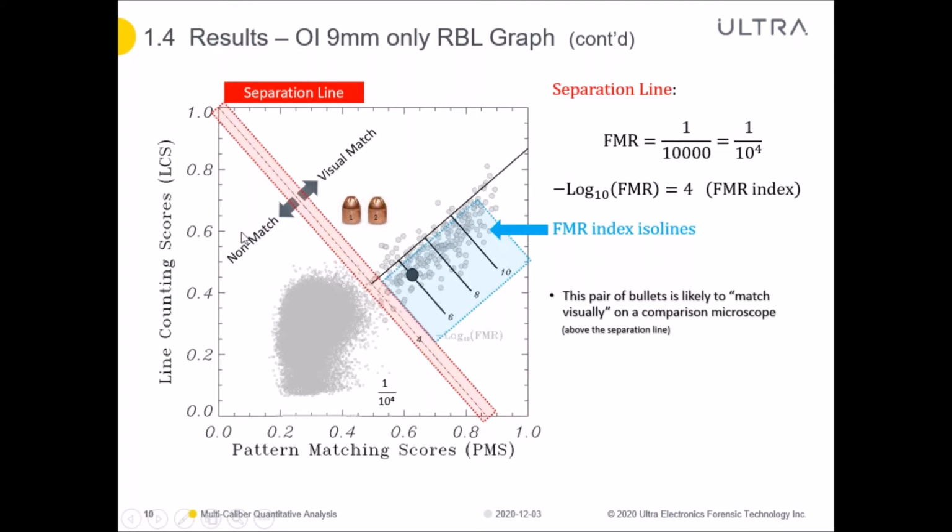If we have two bullets and it generates a score above that red line right here, well, those two bullets will present visual similarities. And secondly, that score is on the isoline of 6, which means that there's only one chance over 10 to the 6, which is 1 over a million, that two non-sister bullets generate a score like that one or greater. It is the false match rate value that you want to bring in court.